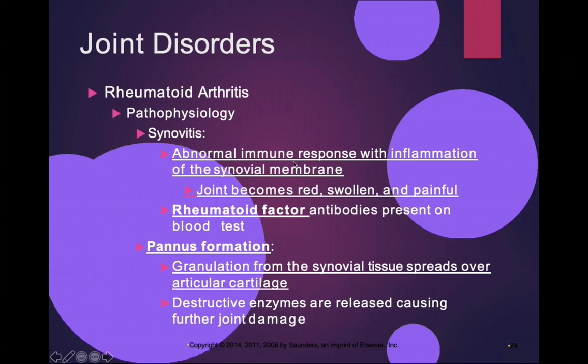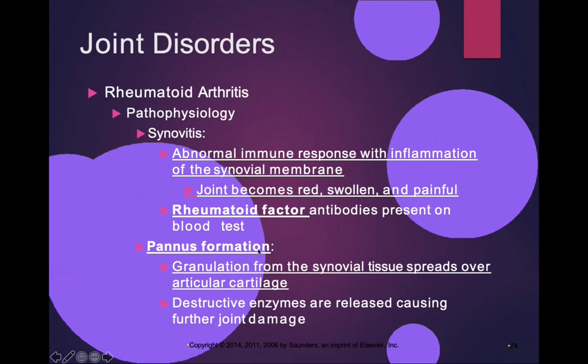So it's an abnormal immune response with inflammation of the synovial membrane. It's going to become very red, swollen, and painful. And there are rheumatoid factor antibodies that are present in the blood. We call it RA factor. So one of the things that we check for on blood is something called RA factor.